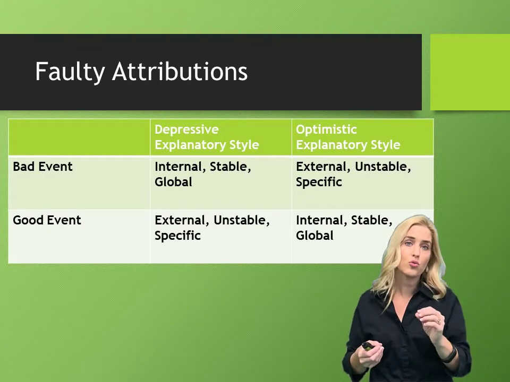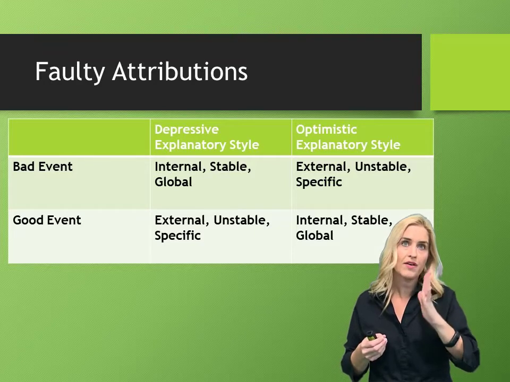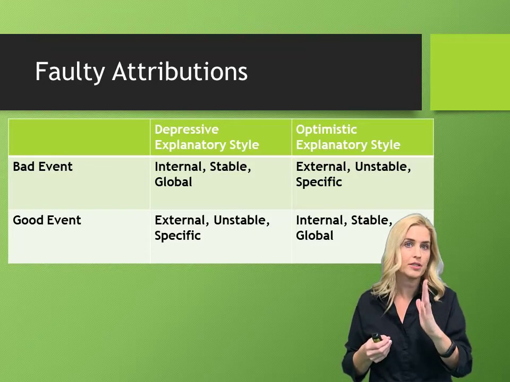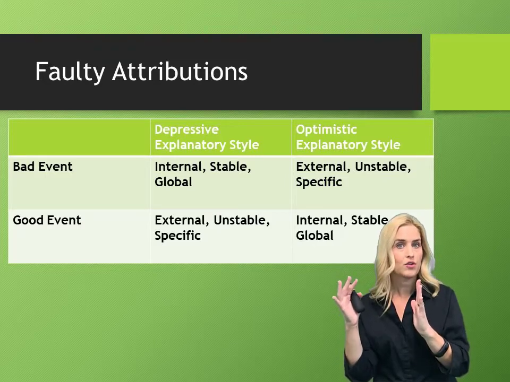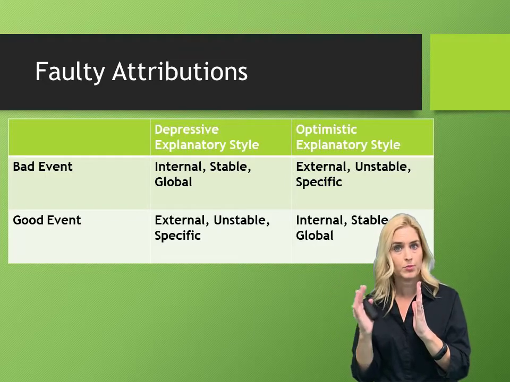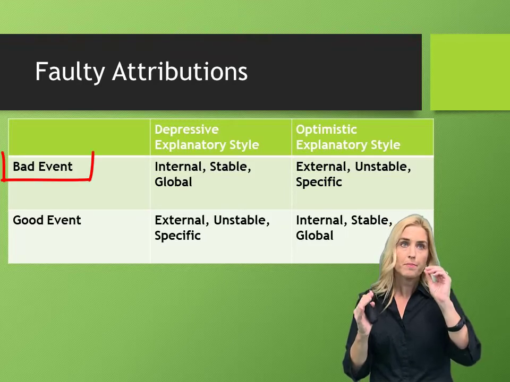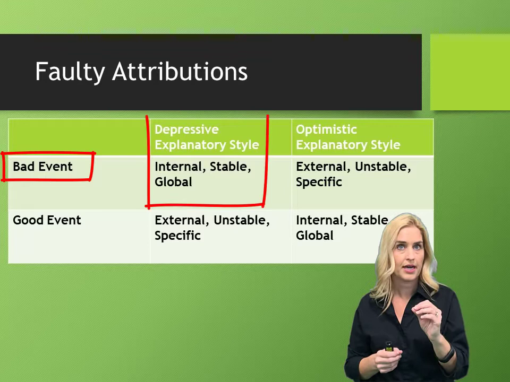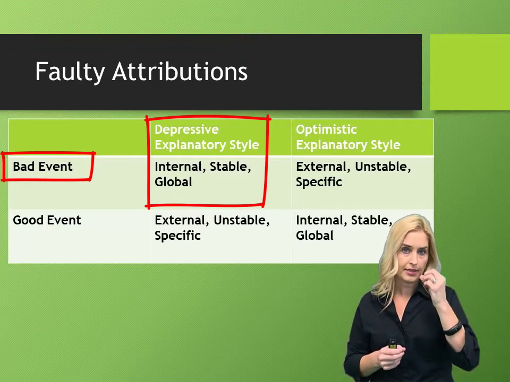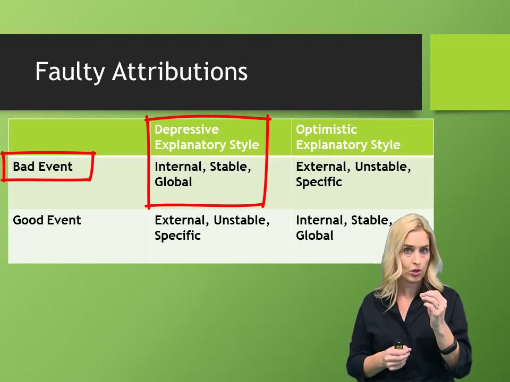So individuals who have a depressive explanatory style explain events very differently than individuals who have an optimistic explanatory style. So if a bad event happens and someone has a depressive explanatory style, they are going to explain it as internal, stable, and global.